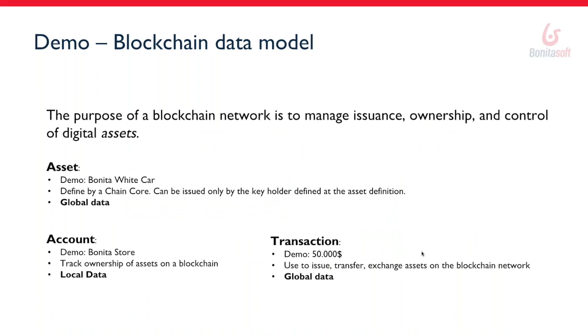As we are using chain.com, I wanted to quickly present the data model that we are using. It's mainly valid for many blockchain implementations, but it's really true for chain.com because that's the data model they came up with. We have 3 main objects that we can manage in the blockchain network. First is the asset. It's basically a virtual object to represent any goods.